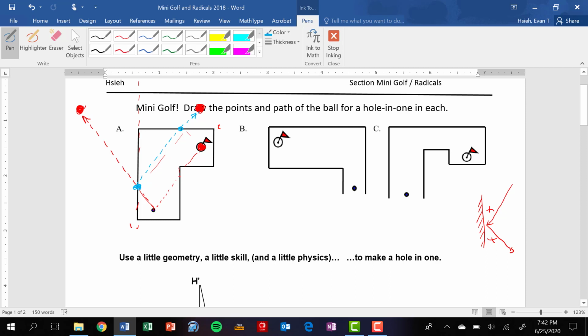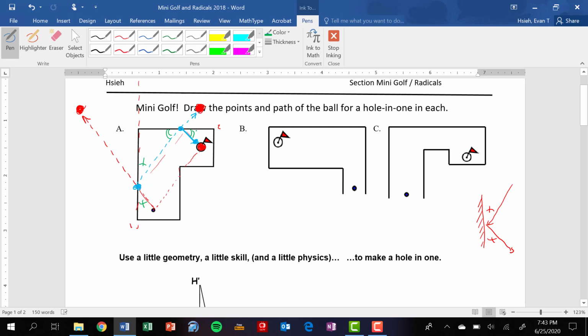But it's going to hit this wall right here and go into the hole. Now there's some geometry involved here that we'll talk about later on in the year. But basically, this angle of incidence and this angle right here are going to be congruent to each other. This one right here and this one right here, they're going to be congruent to each other.